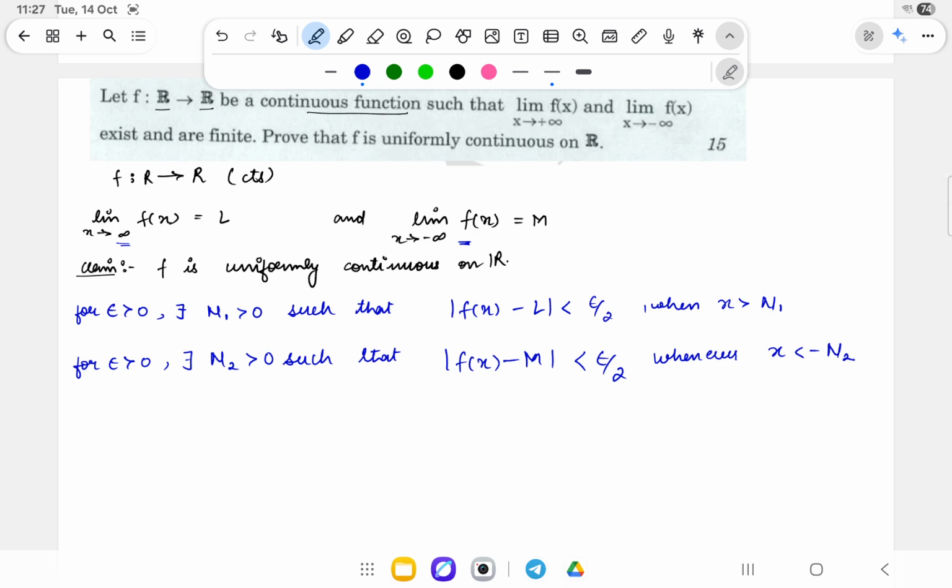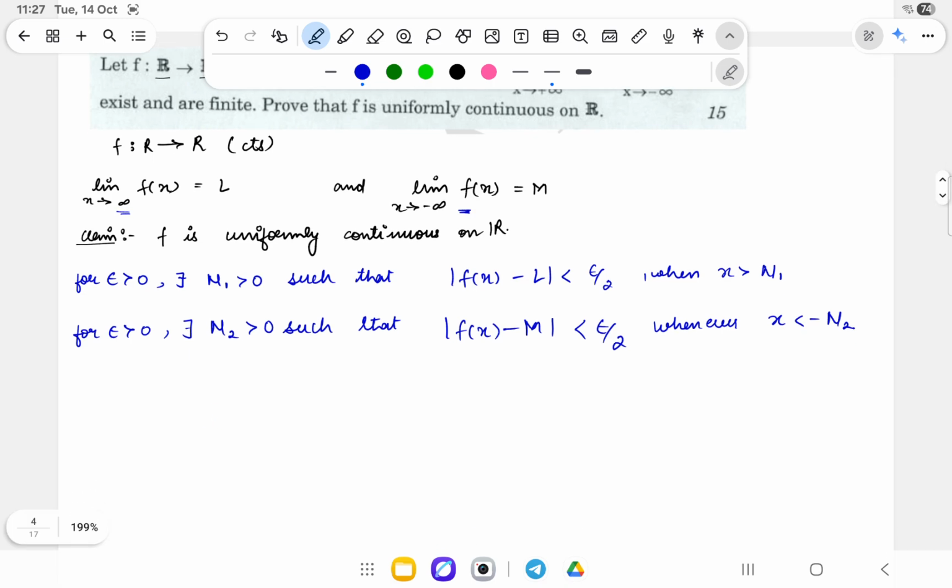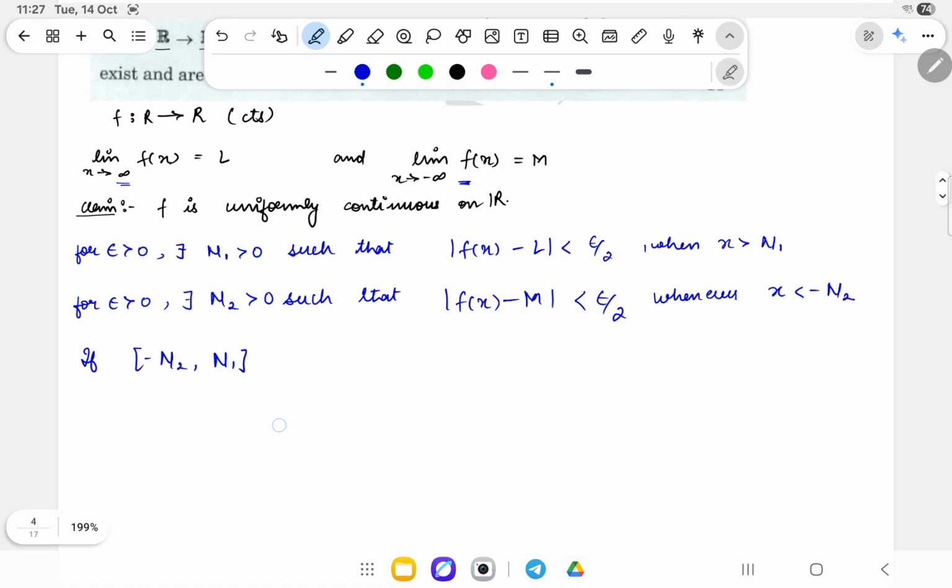Now if we consider an interval, let's say minus n2 to n1. Since n2 is greater than 0, minus n2 will be less than 0. So we are considering this interval. Now we know that the function f(x) is continuous on the whole real line, so it will be continuous on this interval as well.